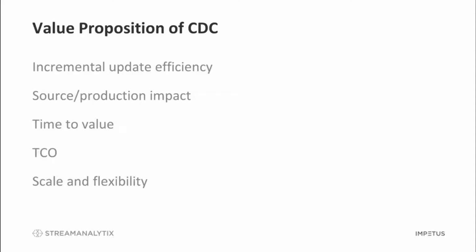Moving data from your source to target is really a time-consuming task. So a good CDC solution should be very low in impact, and it should rely more on incremental updates with minimum source to target impact, and you should not need a lot of batch-based capabilities. Another value that a decent CDC solution brings to the table is having minimum impact on production.